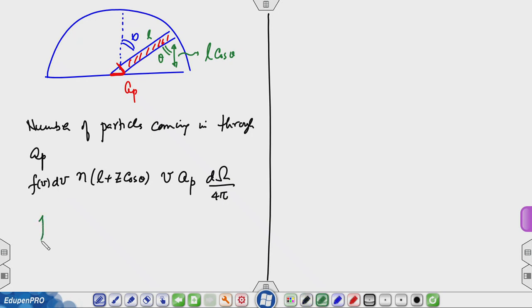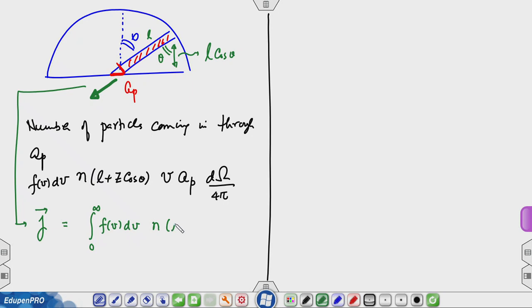And therefore the current J in the direction shown here, let me bring it here, is going to be equal to integration, v integration from 0 to infinity, f(v) dv. I'll divide by A, so that will be n(L plus Z cosine of theta).